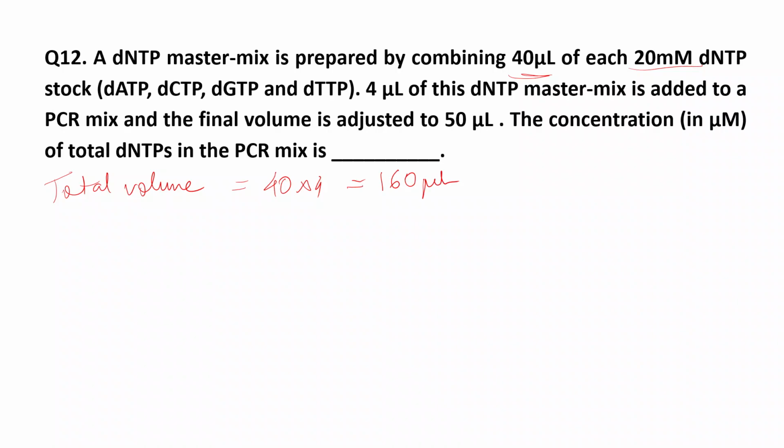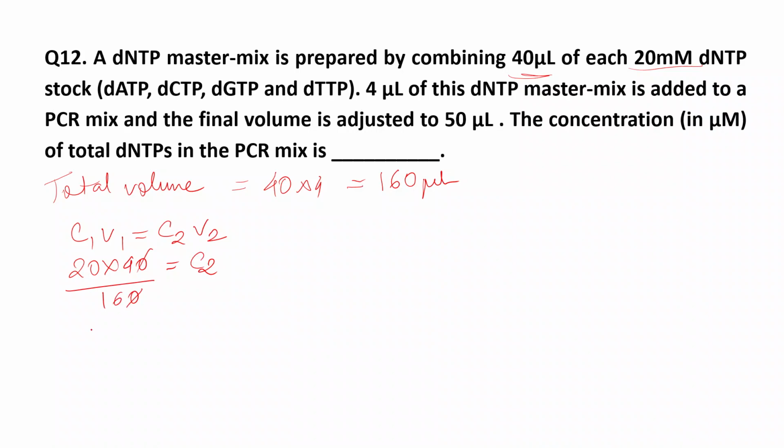Again C1V1 equals C2V2. C1 here is 20 and 40, C2 we have to find, divided by the total volume 160.